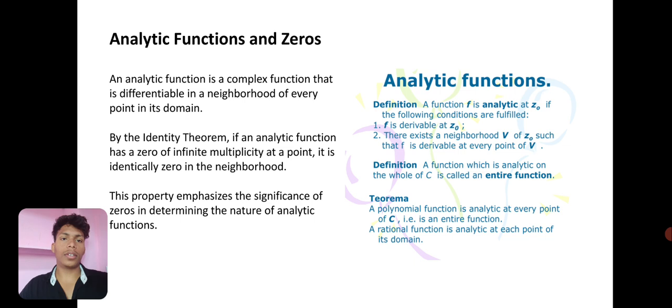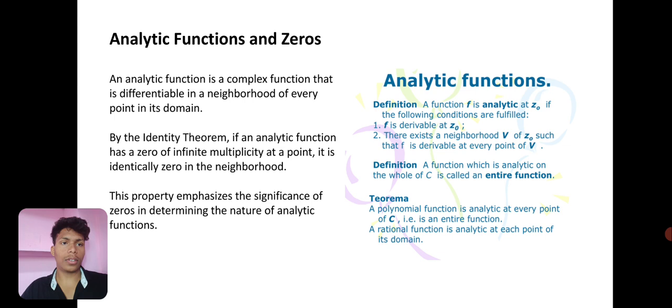By the identity theorem, if an analytic function has a zero of infinite multiplicity at a point, it is identically zero in the neighborhood. This emphasizes the significance of zeros in determining the nature of an analytic function.